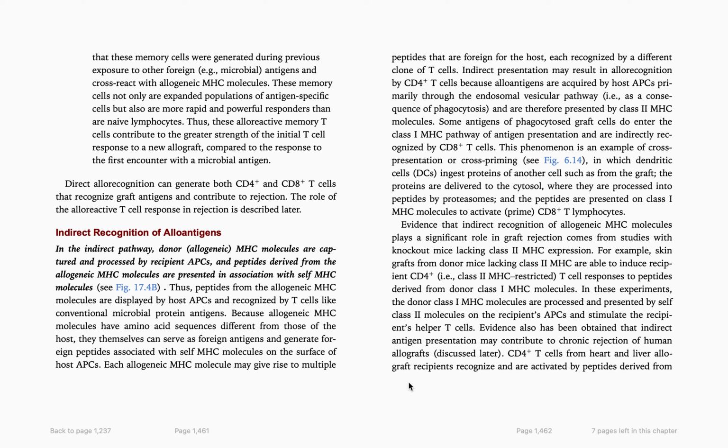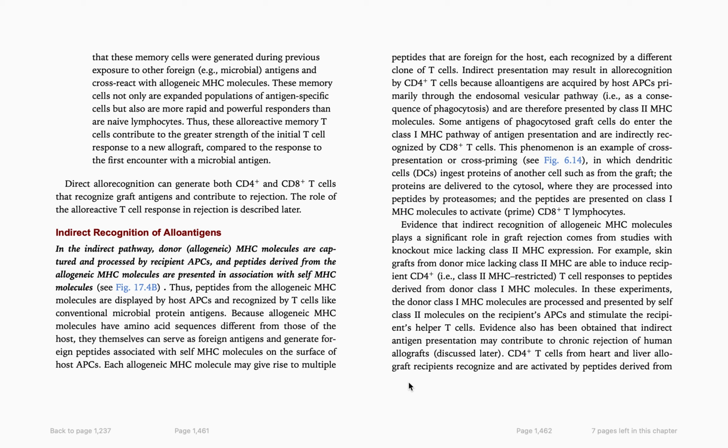Indirect presentation may result in recognition by CD4 T cells because alloantigens are acquired by host antigen-presenting cells primarily through the endosomal vesicular pathway. This is a consequence of phagocytosis and therefore presented by a class 2 MHC molecule. Some antigens of the phagocytosed graft cells do enter the class 1 MHC pathway of antigen presentation and are indirectly recognized by CD8 T cells.